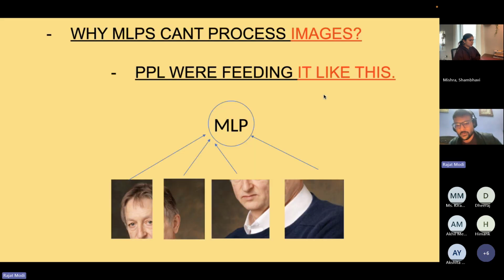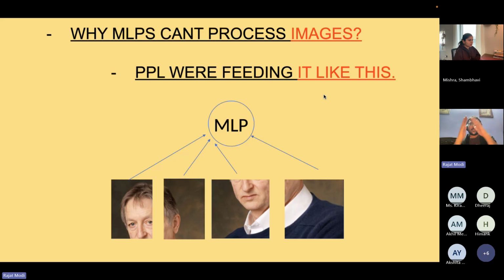So now there is a problem, right? If you feed an input image to an MLP, it does not work. Let's say your MLP's first layer has 100 neurons and the second layer has 10 neurons. As soon as these 100 neurons are connected to the 10 neurons, the information gets intermixed.